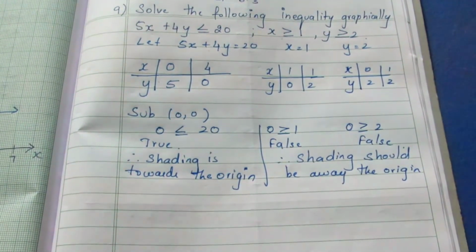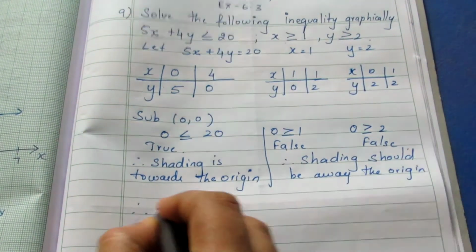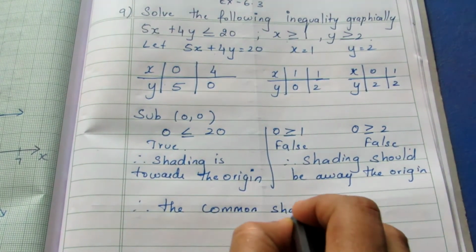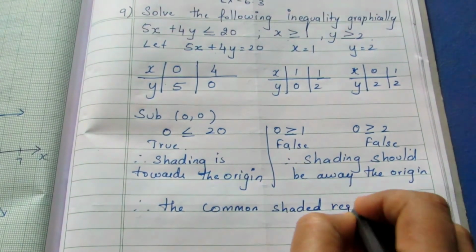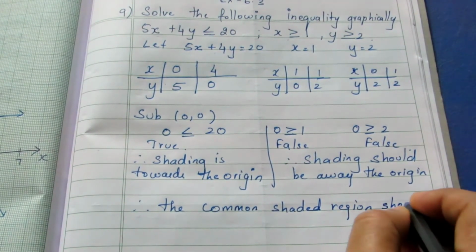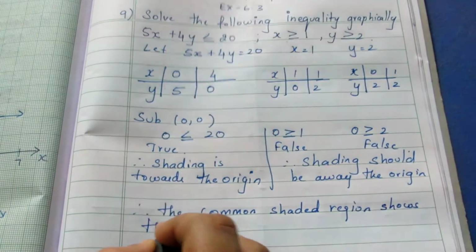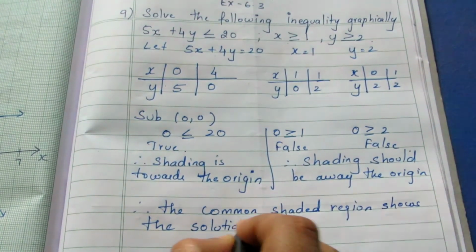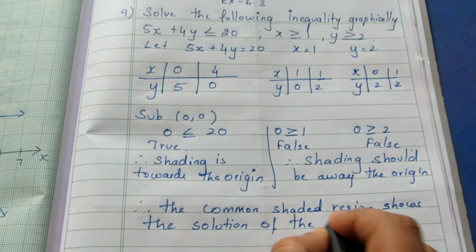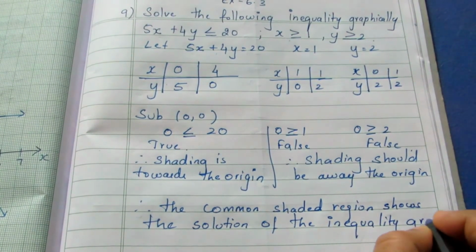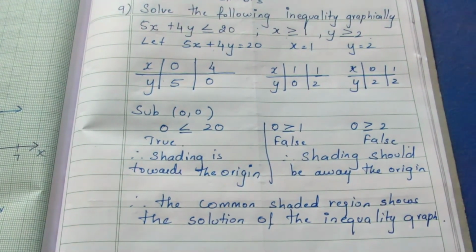Therefore the common shaded region shows the solution of the inequality. Now let us do the shading on the graph.